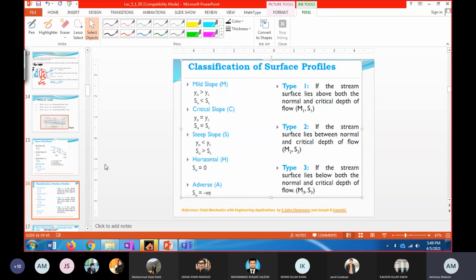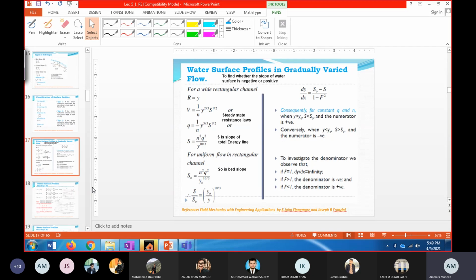So in the next slide, we'll be determining how you can determine whether this value of dy by dx is negative or positive.